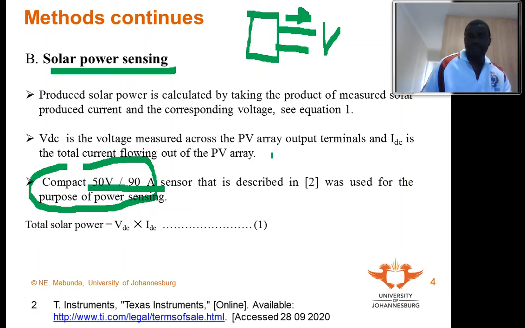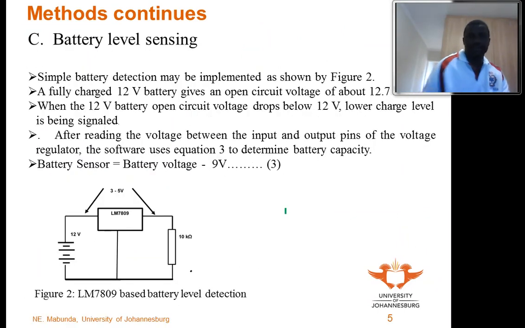After using the sketch to translate this into meaningful values, we use the power formula P = VI, where VDC is the voltage produced by panels and IDC is the current produced by panels, resulting in the power produced. For more information on the compact voltage current sensor, you can go to this website as reference.